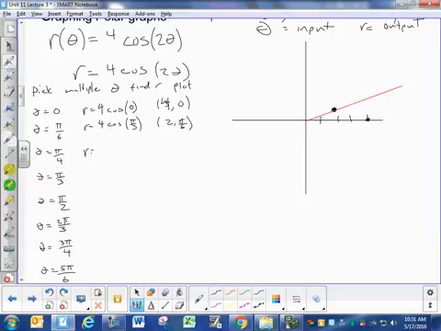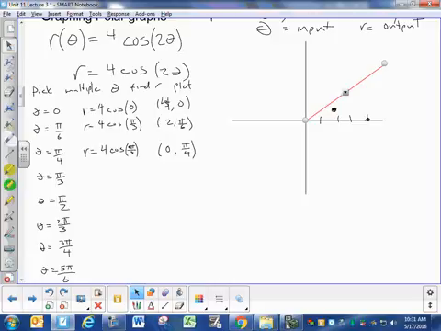So let's do a couple more, and then we'll just quickly go through the other ones. So 4 cosine of pi over 4 times 2 is 2 pi over 4. That's pi over 2. The cosine of pi over 2 is 0. So that gives me 0 and pi over 4. R comes first, theta comes second. So watch. I go up to the angle of pi over 4, which is right here, and then my radius is 0.